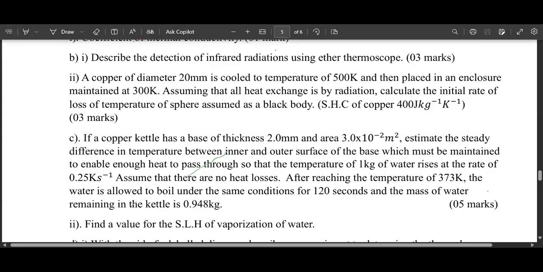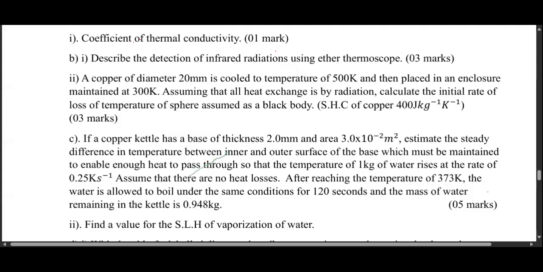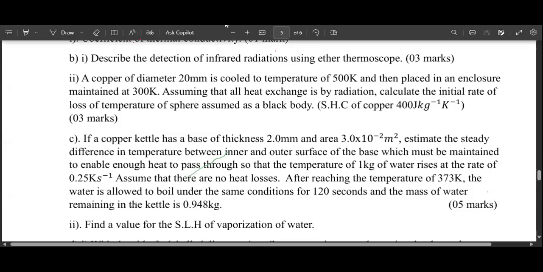So let us go through this question here. They are saying we have our copper which has a diameter of 20 millimeters, at a temperature of this one. Now for this case, we shall be having heat exchange by radiation. So we have our copper.